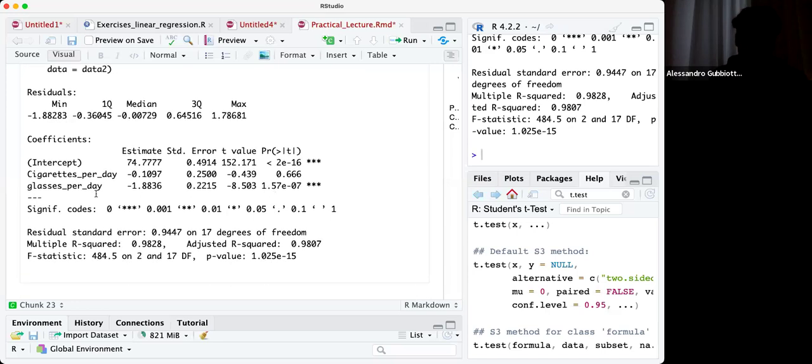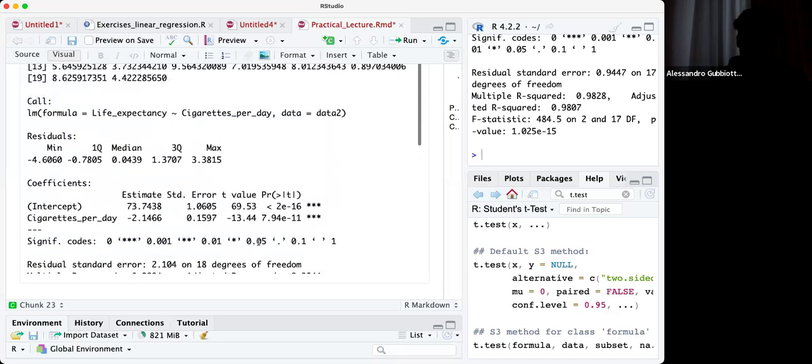Here, we take into account the glasses per day, and this is significant, but the coefficient of cigarettes per day is not anymore significant. So this would mean we have found a hint for the other diagram, the one which explains the correlation through stress.